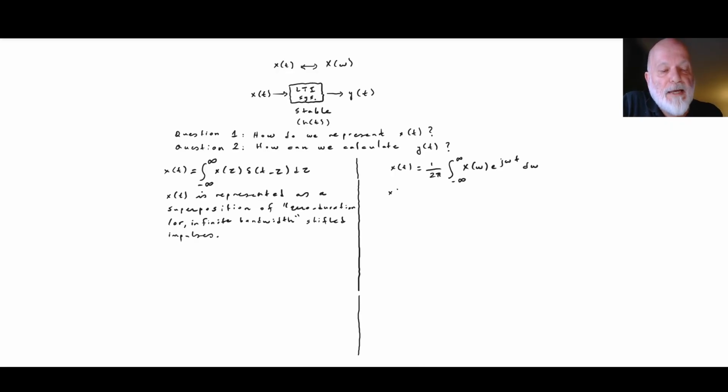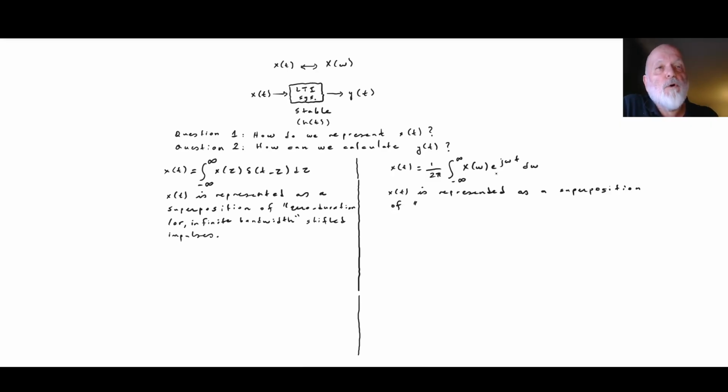So here x of t is represented as a superposition of, now, e to j omega t, the complex exponential signal with frequency omega.